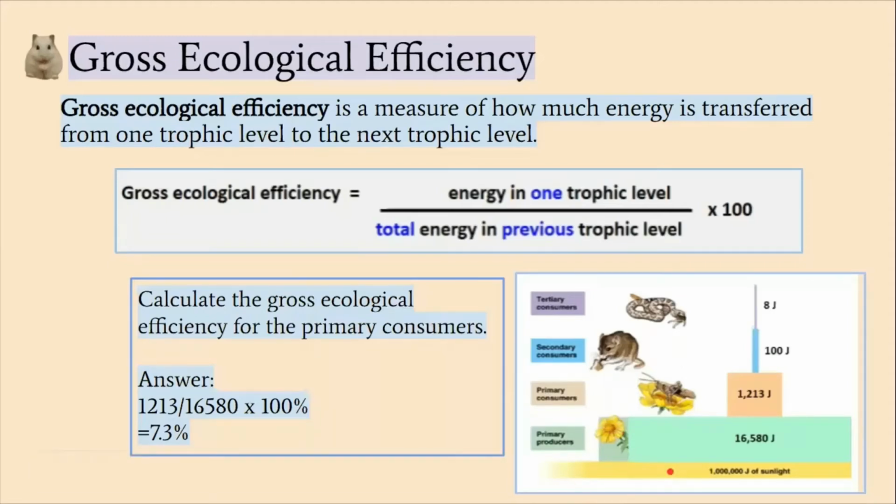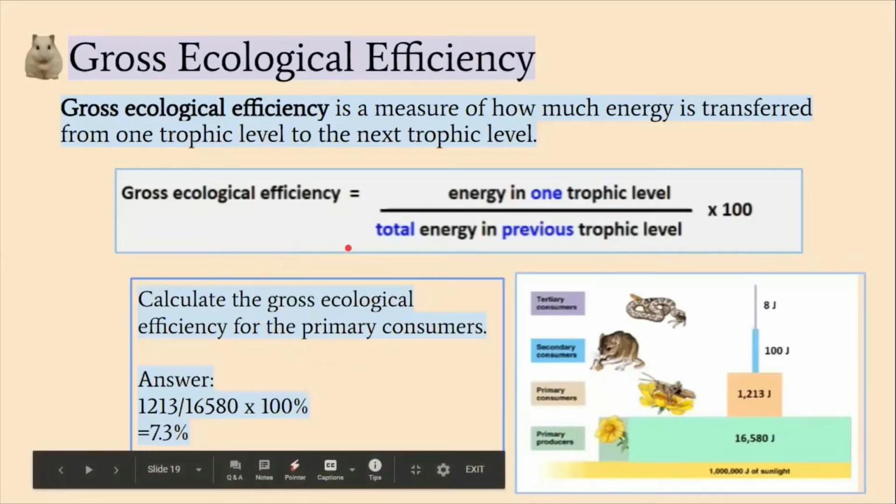So we just put these values into the equation above, and that will give us 7.3% ecological efficiency. So 7.3% of the energy in this flower is transferred to the next trophic level, which is the primary consumer, the grasshopper.